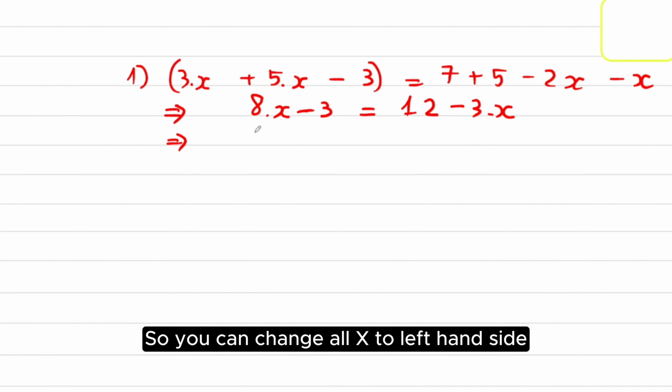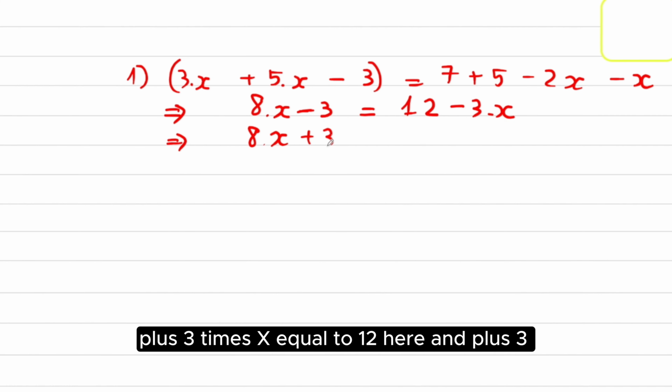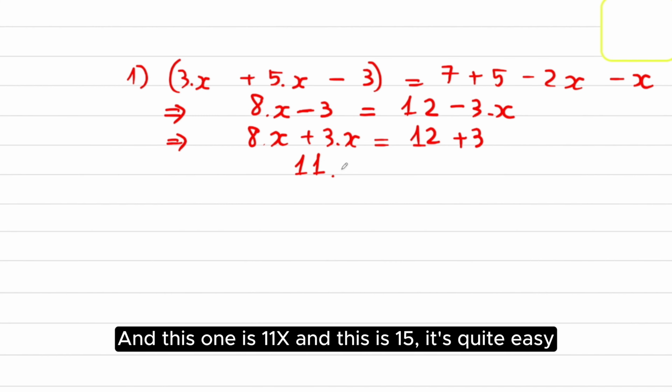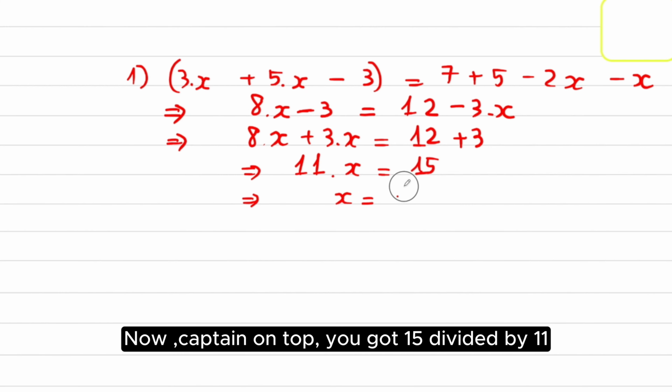So you can move all x to the left hand side: plus 3 times x, equal to 12 minus 3. Moving -3 from left to right becomes +3, and this side is 11x, and this is 15. It's quite easy. Now x equals 15 divided by 11.